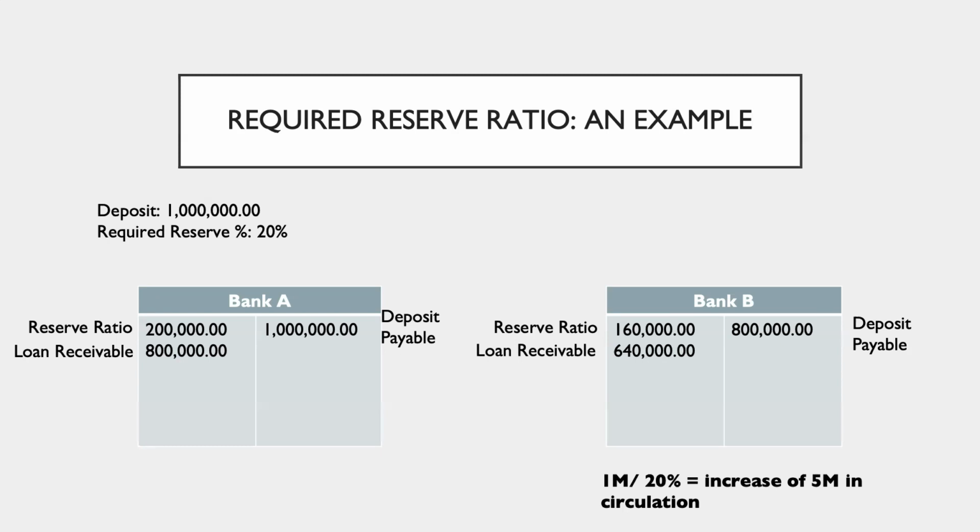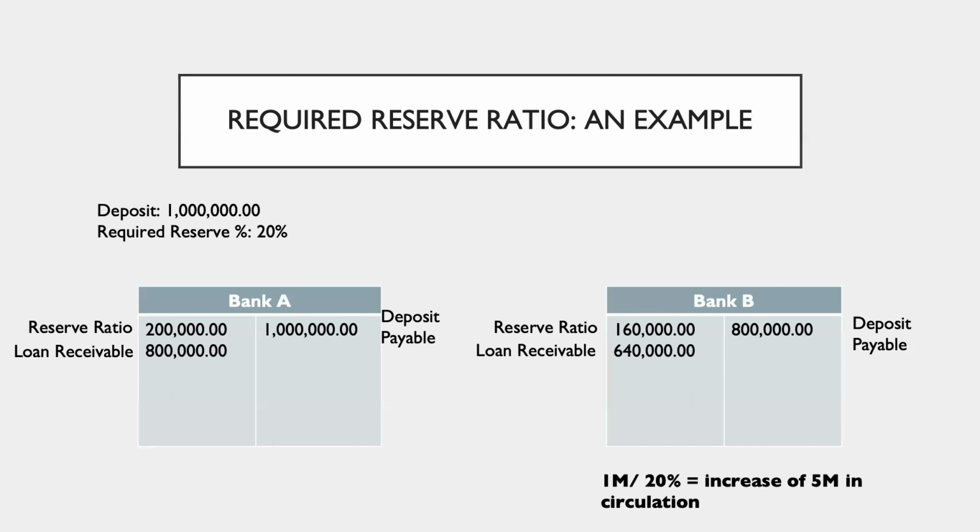If the central bank drops the required reserve ratio, it means that it is fueling the economy to spend more money because it is adding to the cash that is already in circulation.